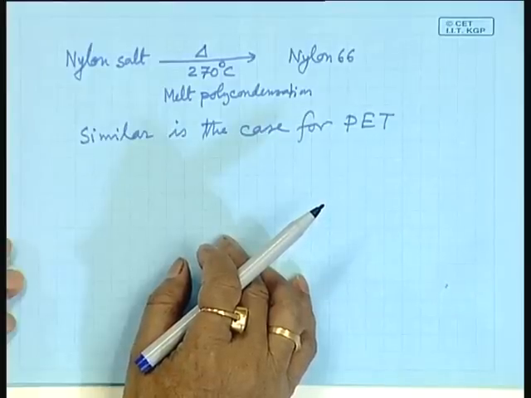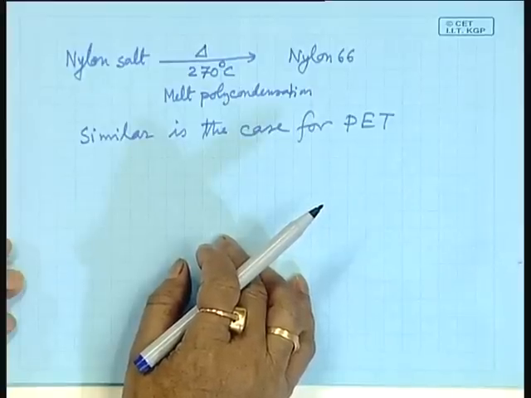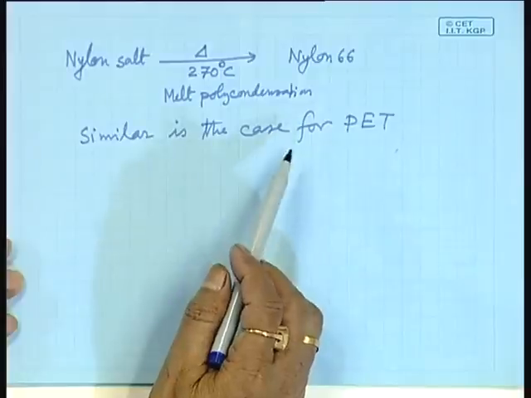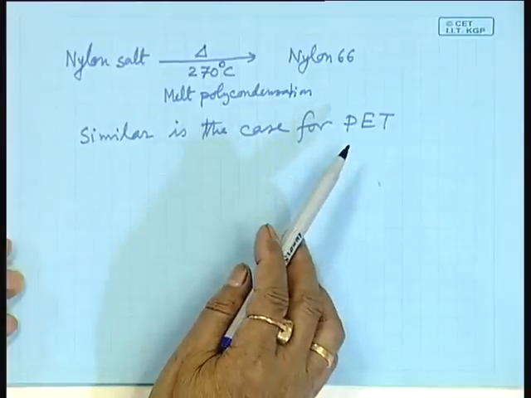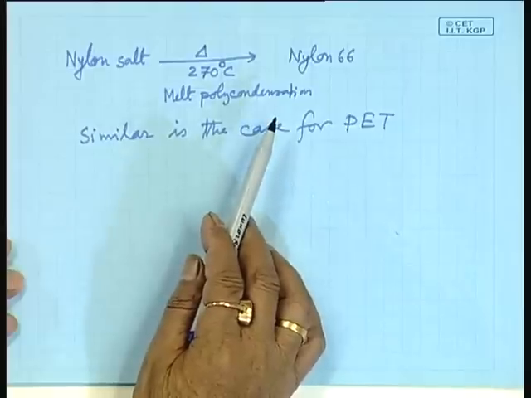So, you have to heat at very high temperature, then only it will polymerize, otherwise one will be liquid phase, another will be solid phase, heterogeneous phase will be there, polymer growth will not be there. So, both of these reactants should be kept in the same phase, rather in the homogeneous phase, and that is only possible if you carry out this polymerization at high temperature, for polyethylene terephthalate and nylon.